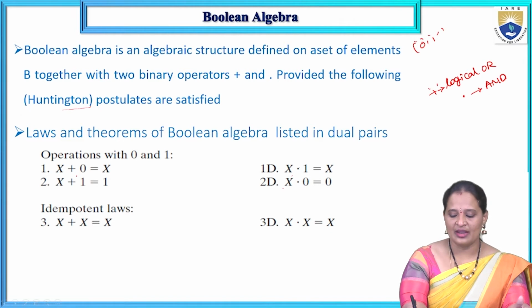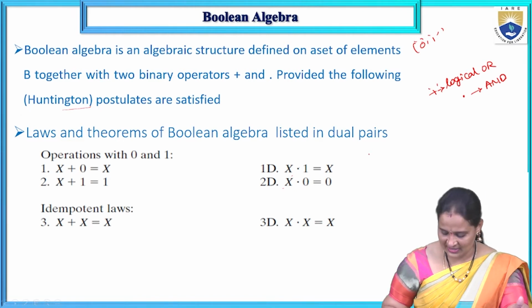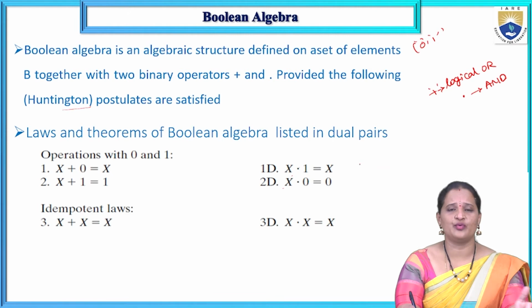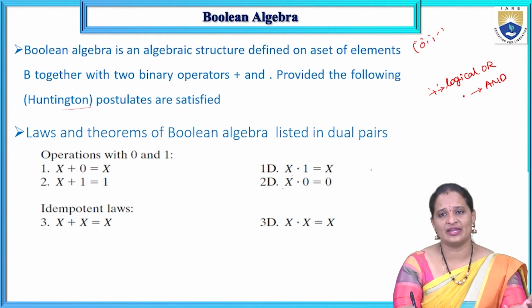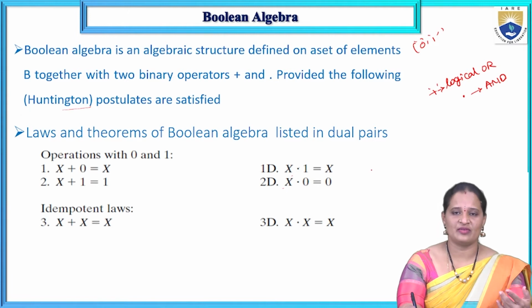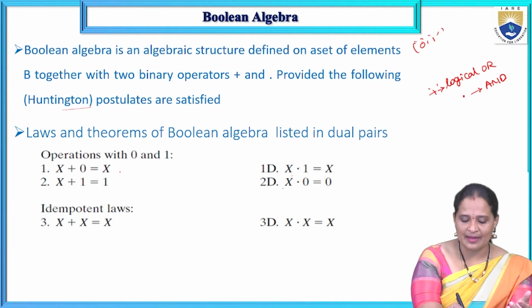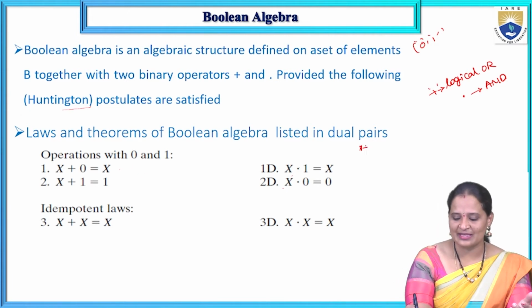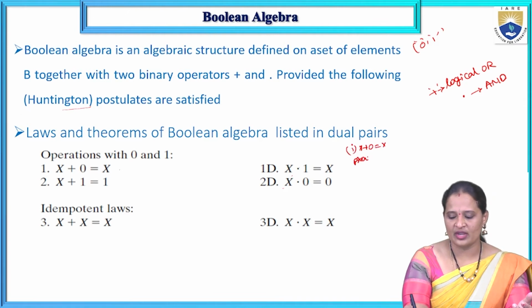Let us consider x as a variable. We can prove these theorems or postulates either by using the truth table or by using some mathematical derivations. For example, the first one, x plus 0 is equal to x. How can I prove this?